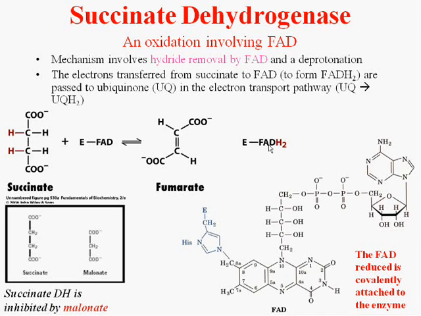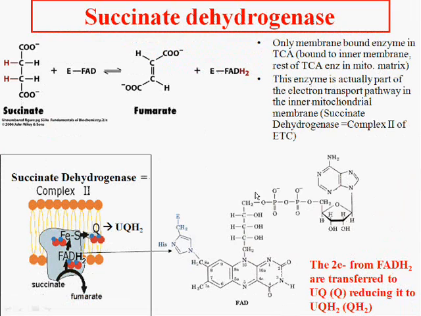These high energy electrons are transferred in the electron transport pathway to a ubiquinone, a molecule we'll look at when we get to chapter 18 on the ETC. The ubiquinone is reduced to ubiquinone H2, or its reduced form right here. Succinate dehydrogenase is actually complex 2 of the electron transport chain, or ETC for short. Very, very important: succinate dehydrogenase is really complex 2 of the ETC.